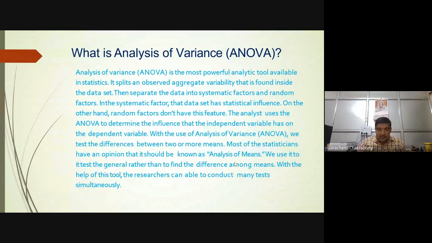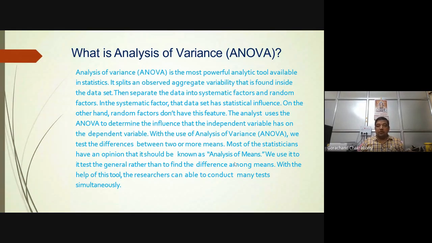In the systematic factors, the data set has statistical influence. On the other hand, random factors don't have these features. The analyst uses ANOVA to determine the influence that the independent variable has on the dependent variable.